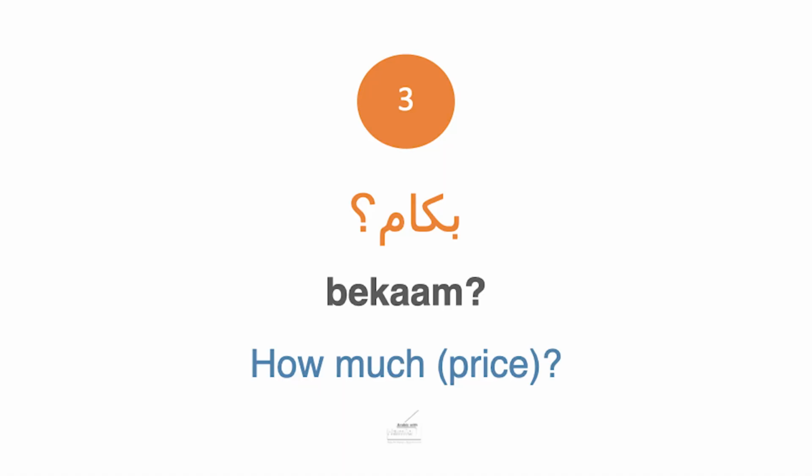The same article or tool, which is كام, if we add ب, a preposition, in front of it, connected, we say بكام, it's literally with how much. And this is actually, we ask here about the cost. So بكام.